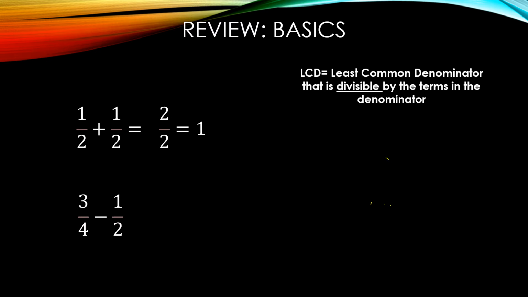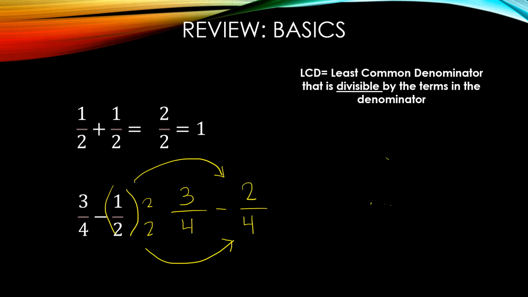So I'm going to go ahead and rewrite my expression here, and I'm going to keep the 3/4 because that doesn't change. However, this changes, and it changes because we multiplied 2 by 2 to give us 4, and now I'm going to multiply 1 by 2 to give us 2.